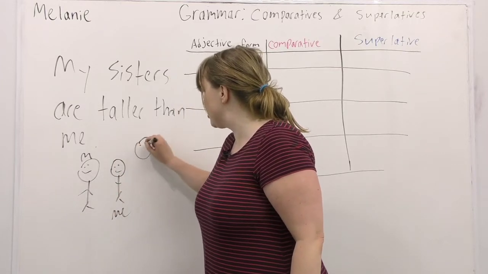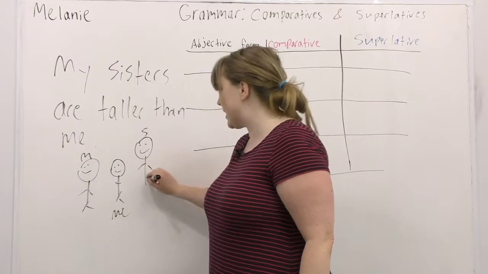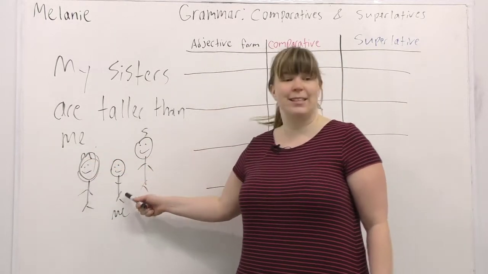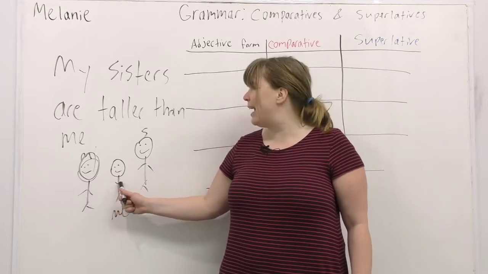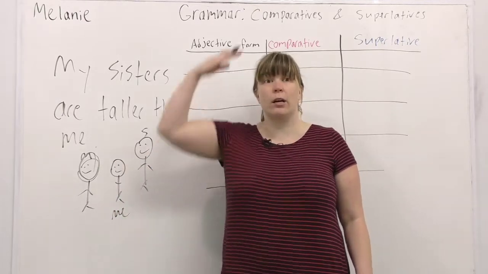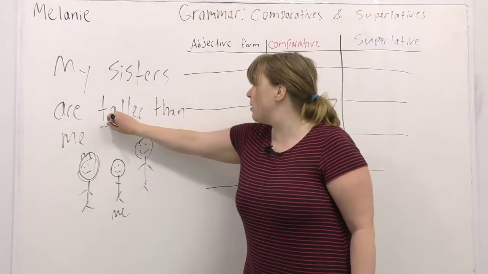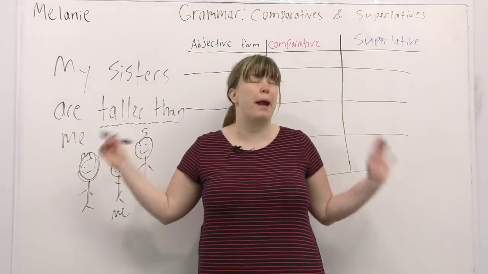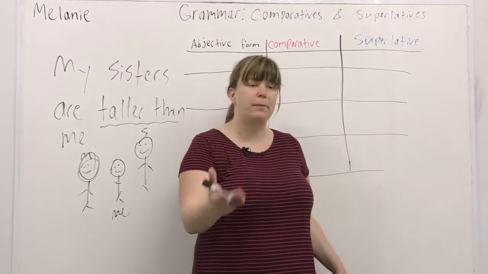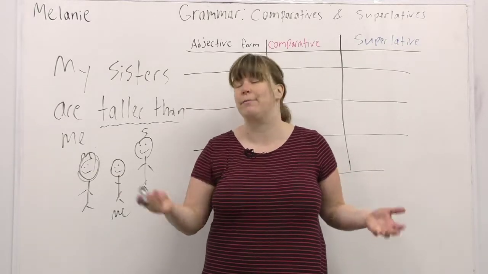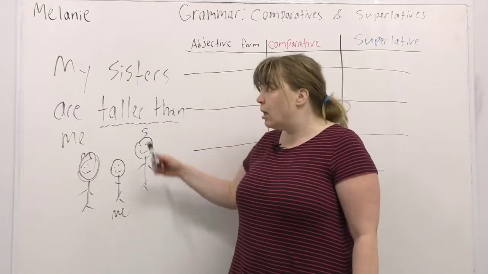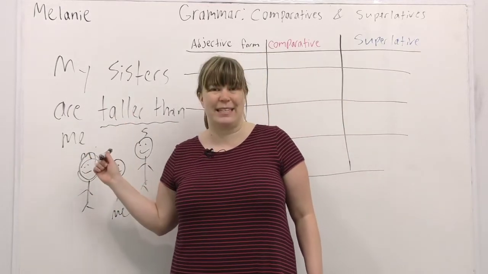And then this is my younger sister, Stephanie. She's like the tallest. Sorry, I should make Michelle a bit taller. So this is me. These are my two sisters, and they are both taller than me. So this is what a comparative is. You've probably used this and seen this quite a few times in your life. So I'm going to explain how to do a comparative.